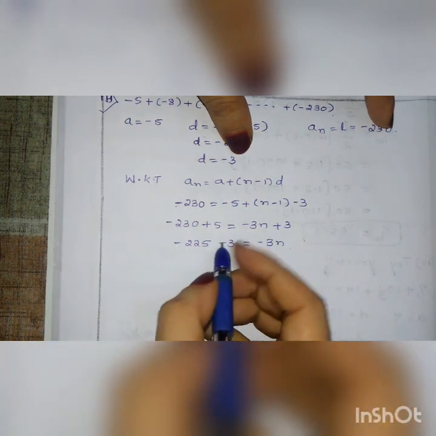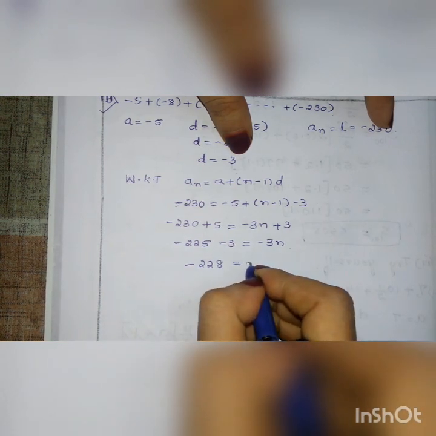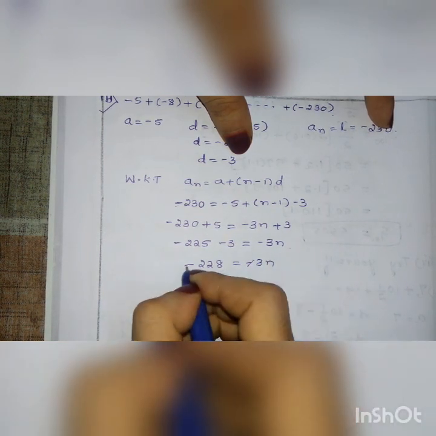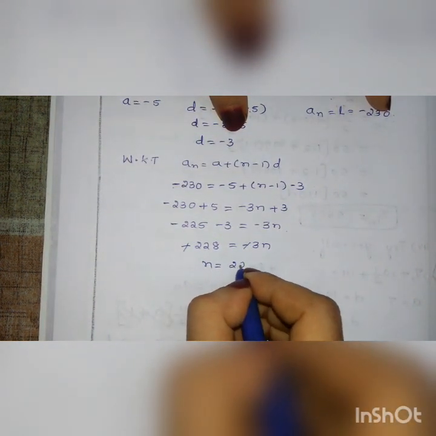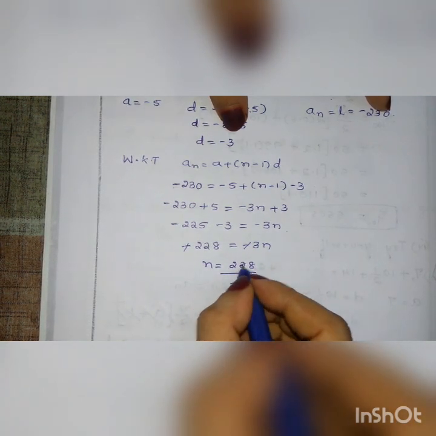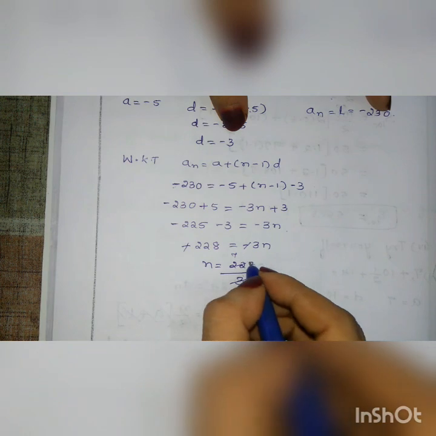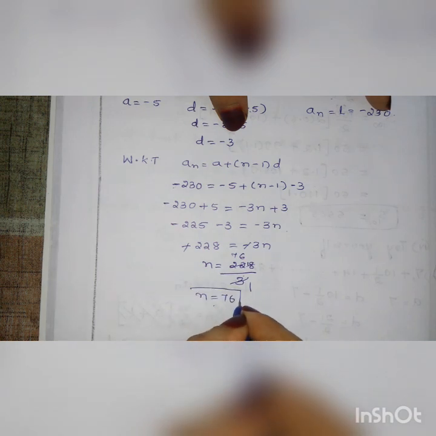Minus minus is plus, -228 is equal to -3n. Minus minus get cancelled. So what we get here is n is equal to 228 by 3. 3 1s are 3, 3 7s are 21, 1 carry, 3 6s are 18. So n is equal to 76 we got.